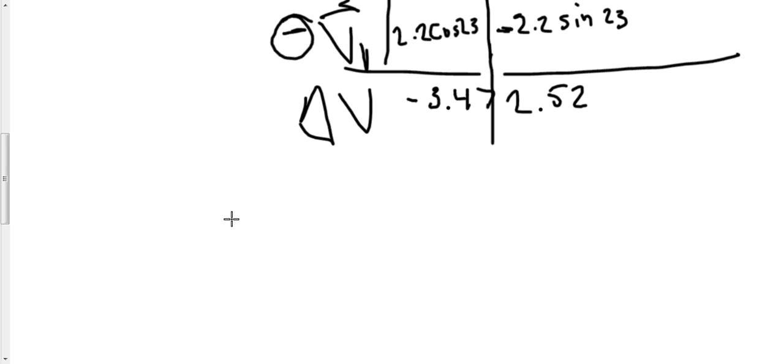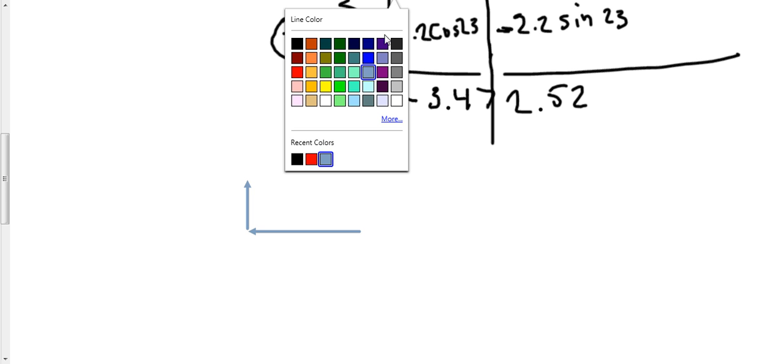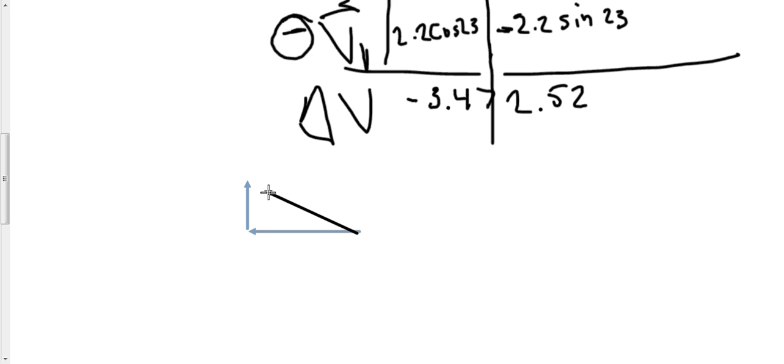If I write them down, first of all, negative x means this direction, and it's 3.47. It's a pretty big one. And 2.52 is in the positive direction for the y. What that means is my resultant looks like this.